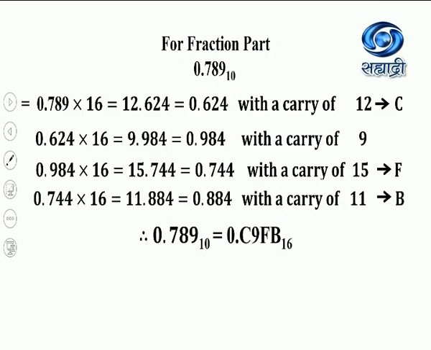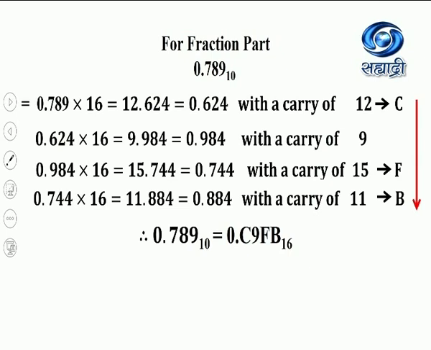Now for the fractional part of the decimal number, that is 0.789, we multiply that number by 16, note down the products, and write the carry at the rightmost corner. By going through all these steps, we find the hexadecimal number by taking carries in forward order, that is from top to bottom.